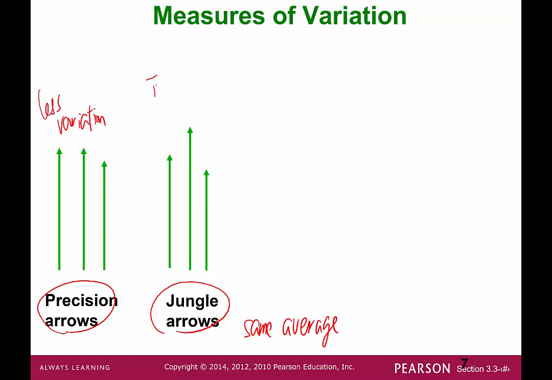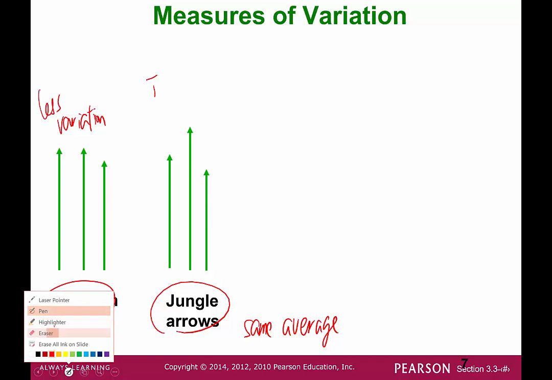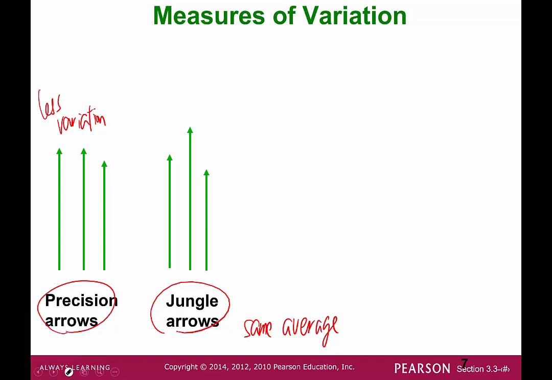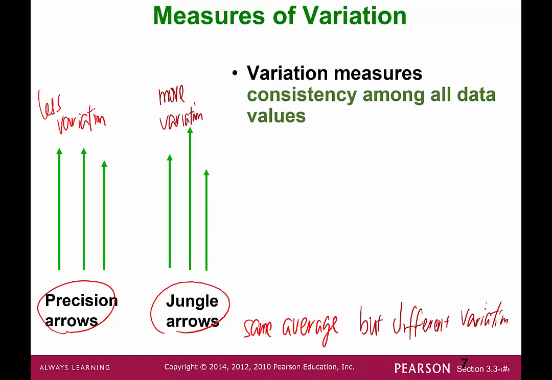So jungle errors has more variation, because data values vary more in the jungle errors. So the variation actually measures the consistency among all data values.